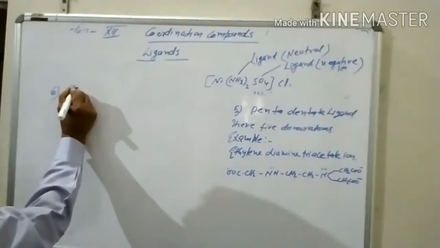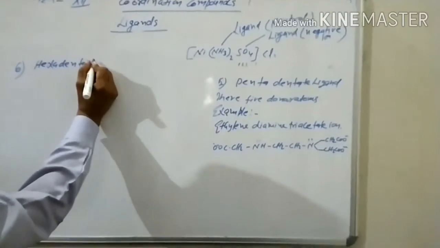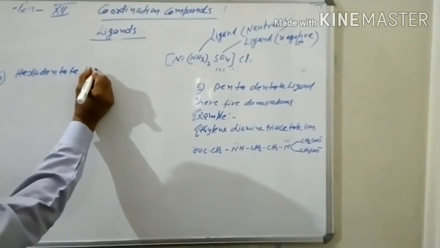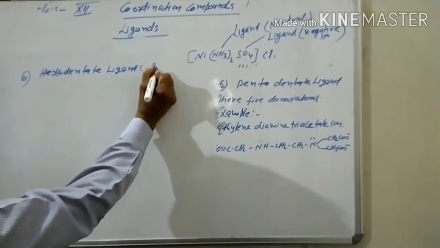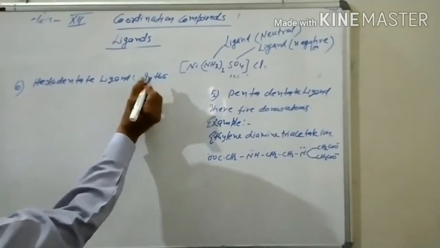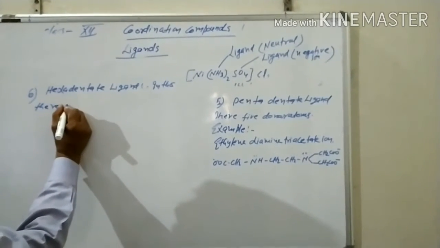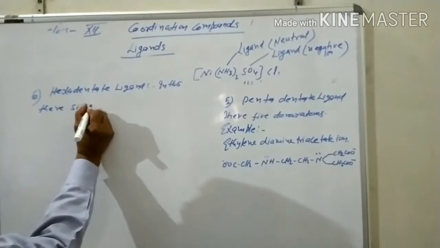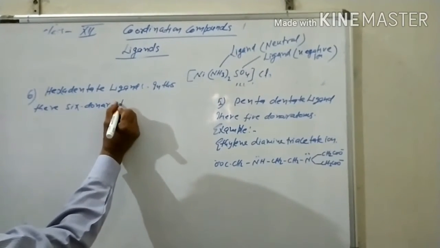Hexadentate ligand. In this, there are 6 donor atoms.